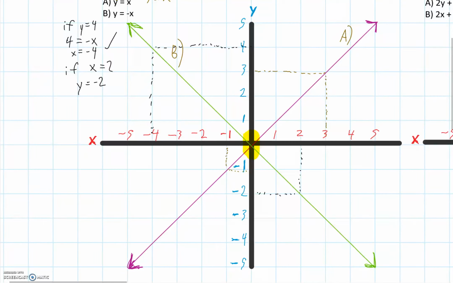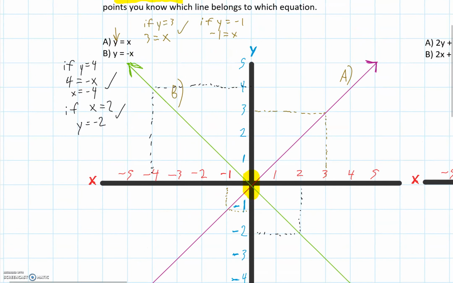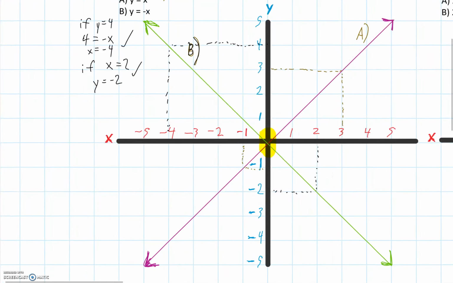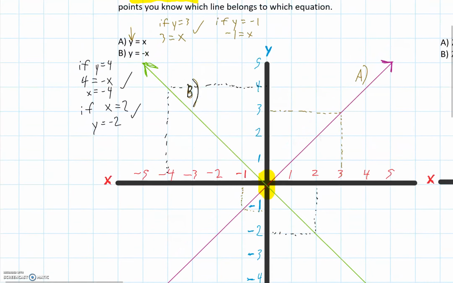Well, y equals -2, and that's correct. So that means that this one is green. B is green. So you can sub in either one you want and check to see if it works. You can actually just try whatever numbers you want and see what works.